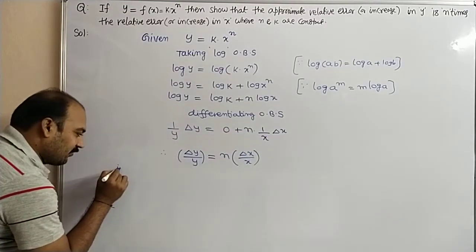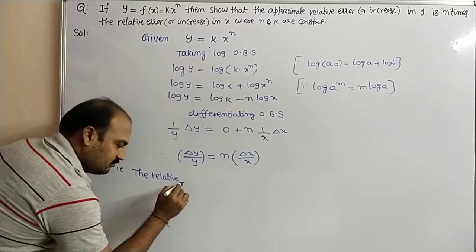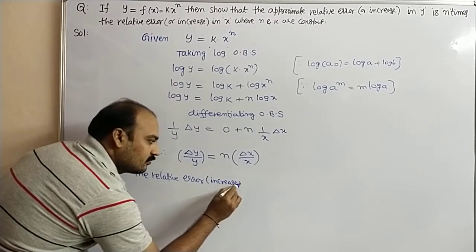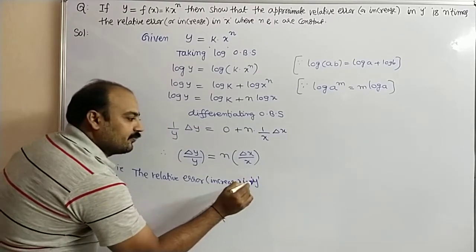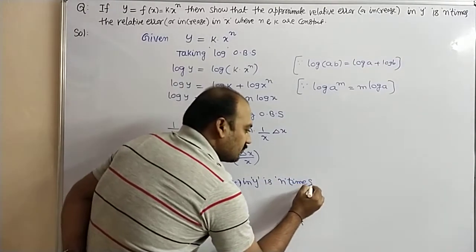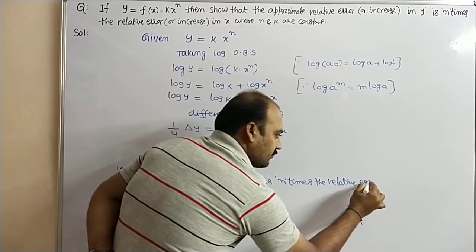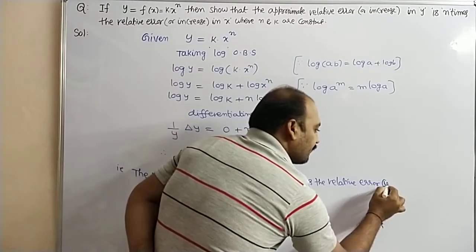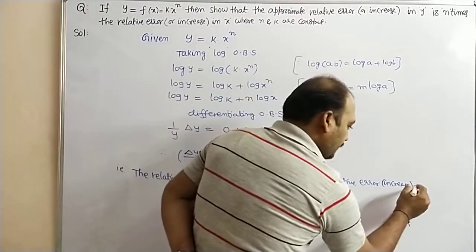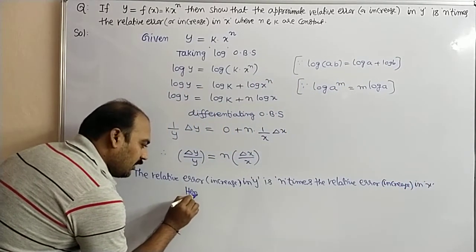That is, the relative error in y is n times the relative error or relative increase in x. Hence proved, or hence the result.